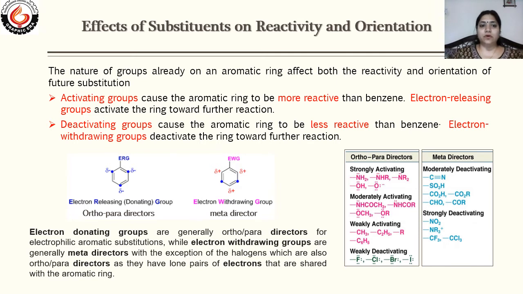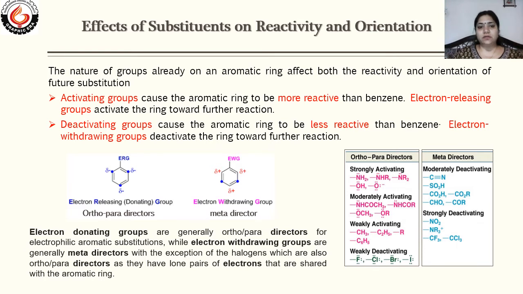So the nature of the group which is already attached to the aromatic ring, that is in case of toluene CH3 or in case of phenol OH group, will certainly affect the orientation of the future substitution.